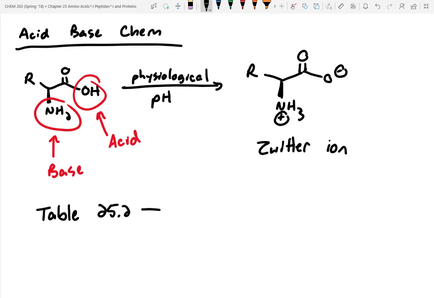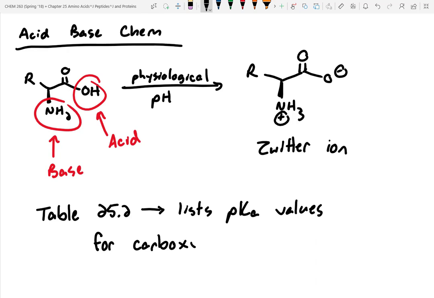All right. Table 25.2 lists the pKa values for various carboxylic acids, meaning every amino acid, that carboxylic acid has a different pKa. And because it's not going to list the pKa value of a base, it instead lists the pKa value of the conjugate acid. It'll list the pKa value for the ammonium ion.